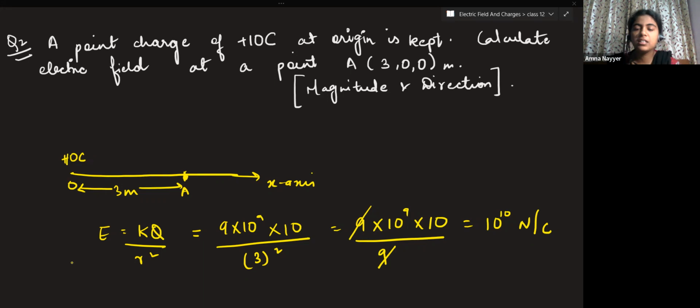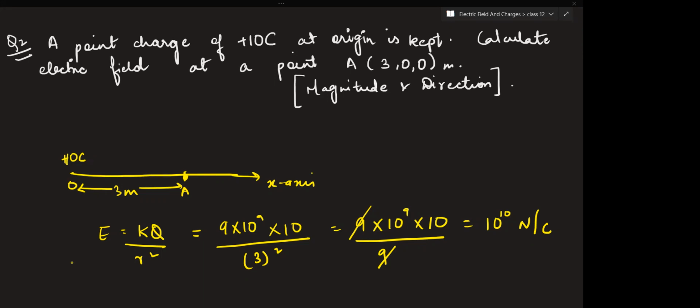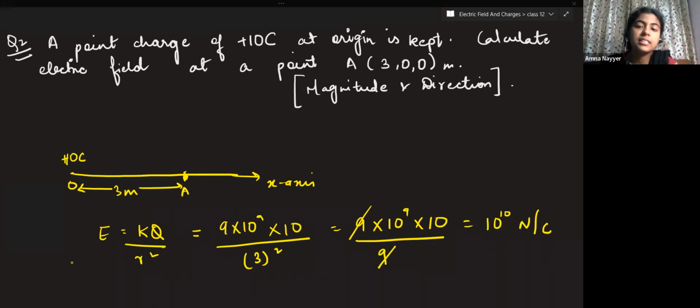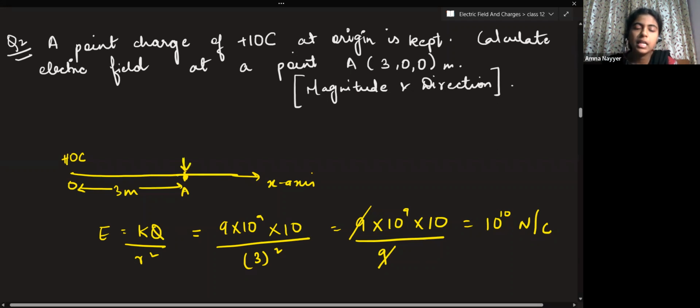Away from the charge represents which axis? Negative x-axis. Negative x-axis will lie on this side, no? Beyond the origin. You have to calculate electric field at this point. Away from the charge at this point.